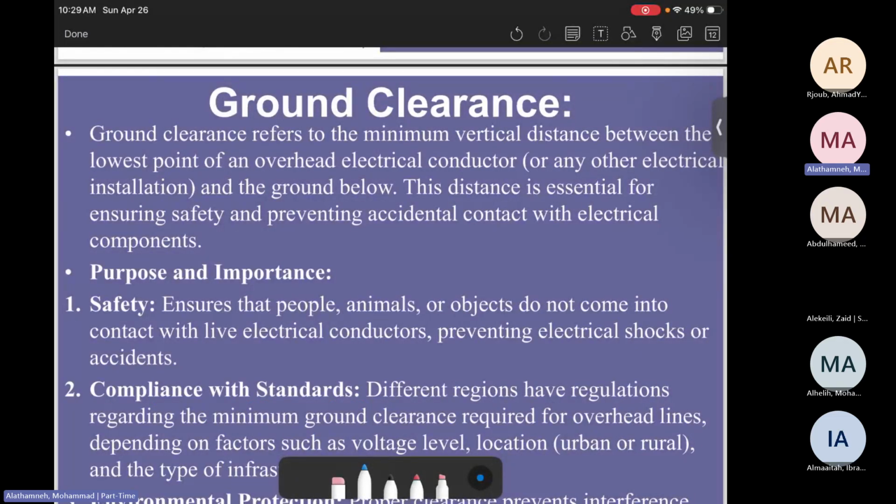Ground clearance is basically the minimum vertical distance between the lowest point of the overhead electrical conductor and the ground, to maintain a safe distance. Why? It's very important for safety and preventing accidental contact with electrical components.